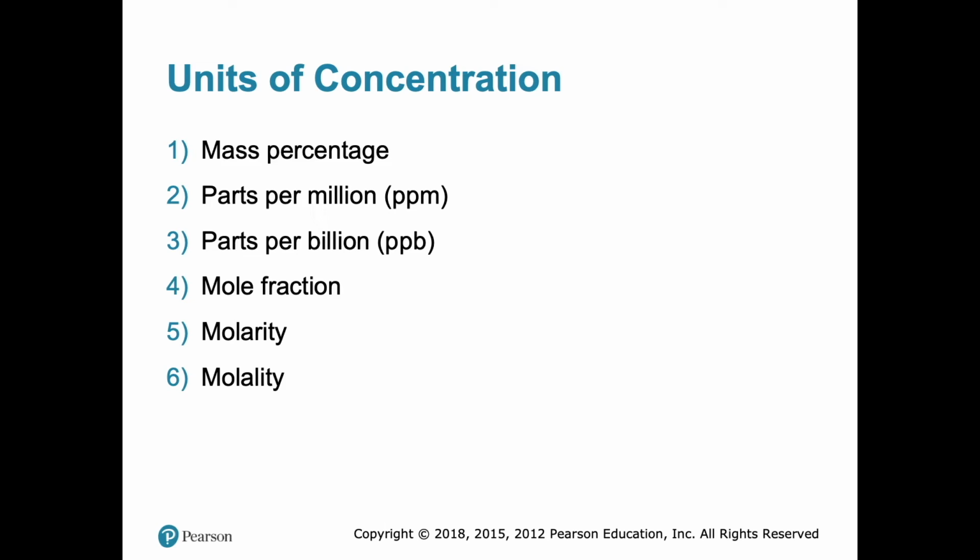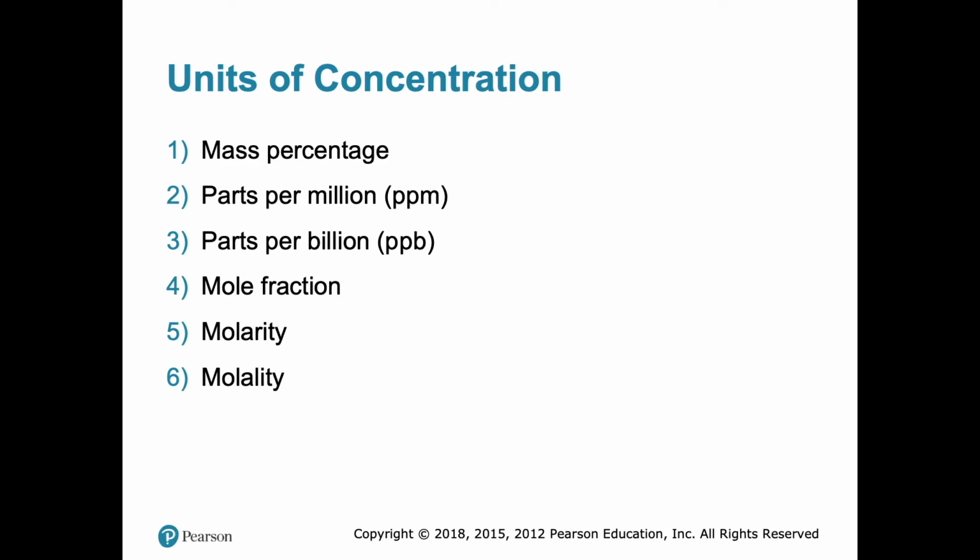And then we have the mole fraction. Mole fraction is the one we've talked about the most, where if you have a scale of 0% to 100%, what percentage is the solute and what percentage is the solvent? That's the mole fraction.